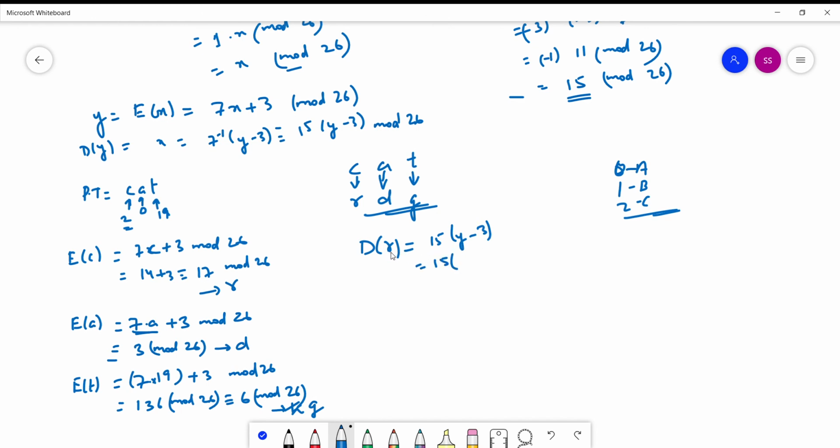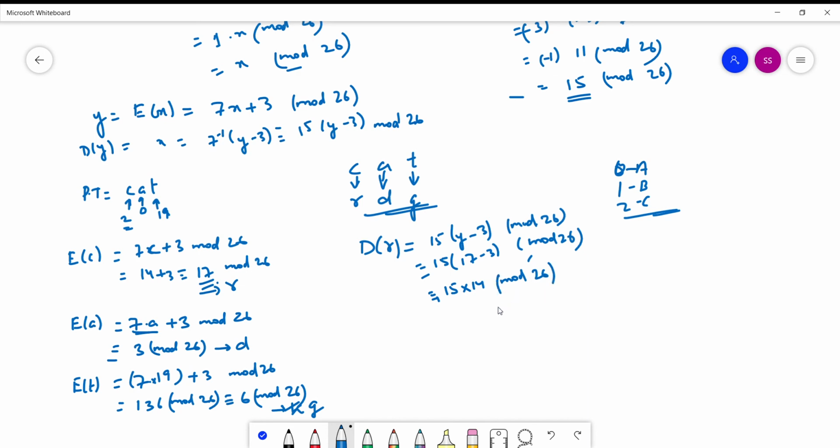So y is the value of r. So value of r was 17. Here you can see, right? So I can write it as 17 minus 3. Always write this mod 26 value. Mod 26.